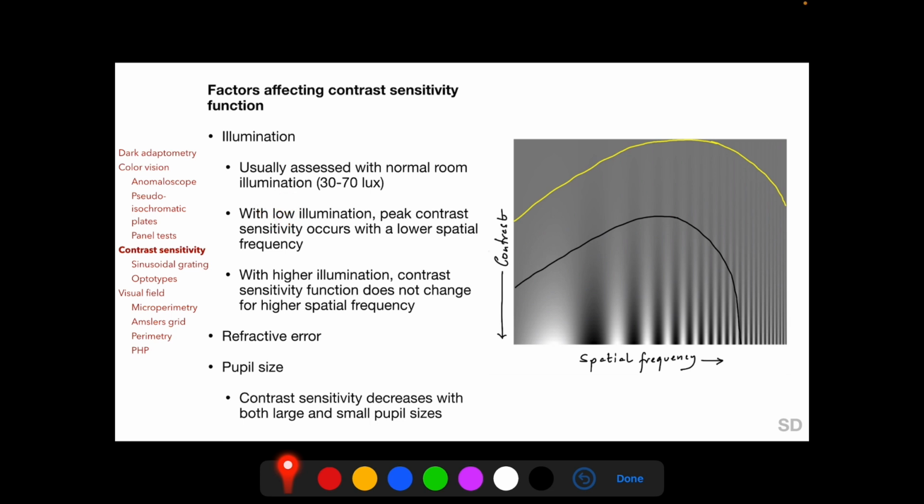With low room illumination, peak contrast sensitivity occurs with a lower spatial frequency as compared to that with normal room illumination, and the contrast thresholds are higher for every spatial frequency as compared to the contrast thresholds in normal room illumination. Other factors which can affect contrast sensitivity function are refractive error and pupil size, with contrast sensitivity decreasing with both large and small pupil sizes.